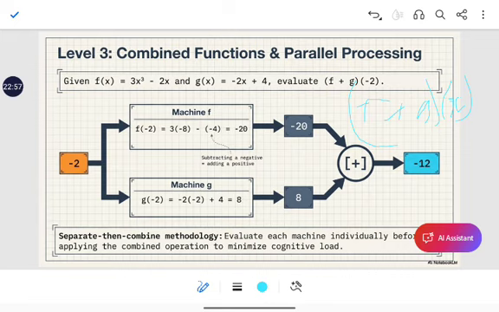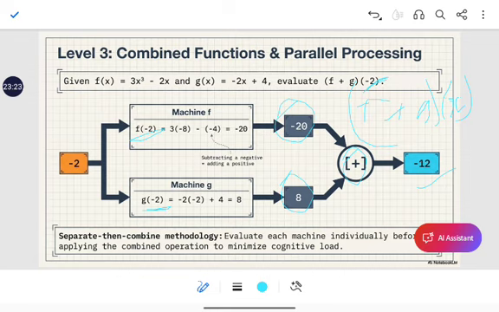Now our x is negative 2. So we are going to solve for f of negative 2, then we solve for g of negative 2. The values we get, we add, and our answer is negative 12.